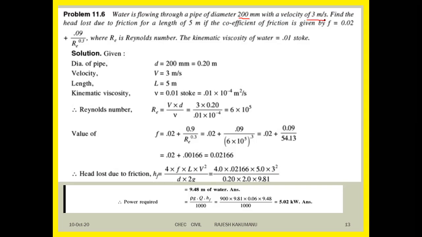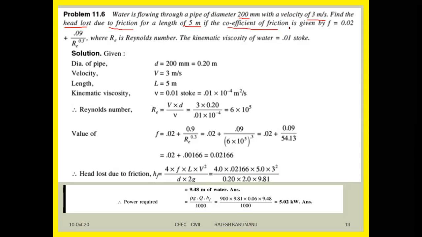So what is the velocity? 3 meters per second. The water is flowing through the pipe of diameter 200 mm. Find the head loss due to the friction for a length of 5 meters.